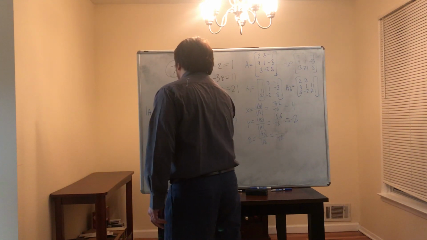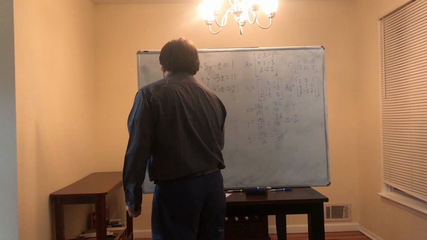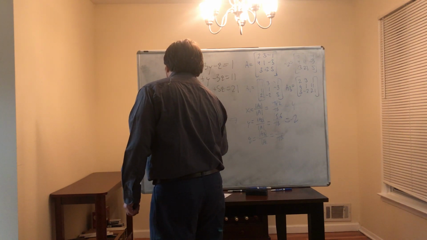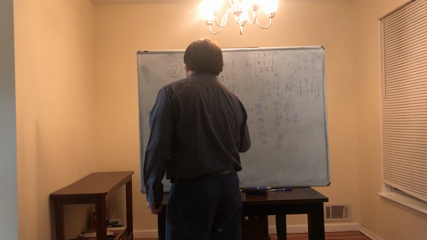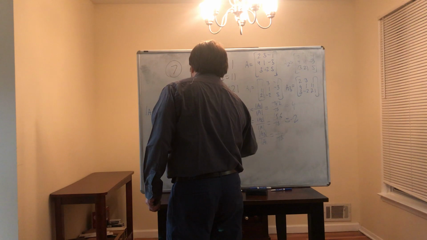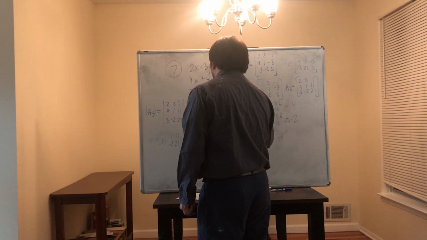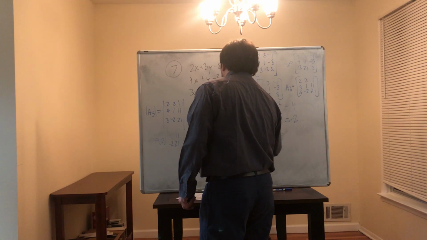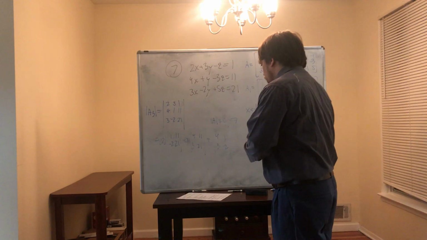So in terms of that, you find the cofactor expansion along the first row. That's 2 times the determinant of 1, 11, negative 2, 21, minus 3 times the determinant of 4, 11, 3, 21, plus 1 times the determinant of 4, 1, 3, negative 2. So you find the determinant of that.